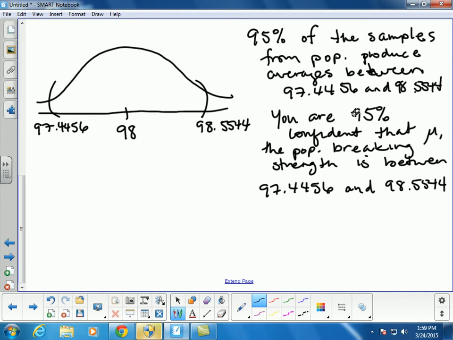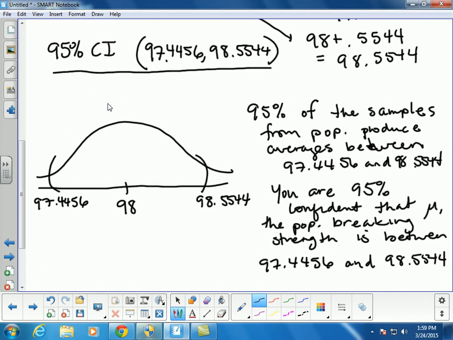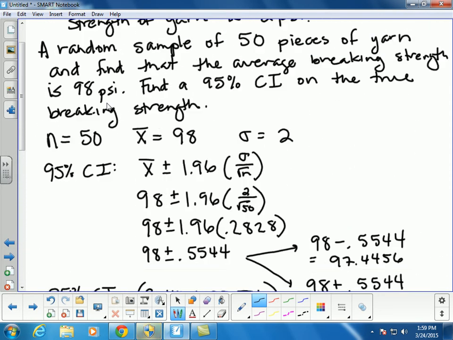Another way to say that is you have 5% error, and that means that you could have had a bunk sample, but based on this, your mean should fall in here, talking about the main population. And that's a lot of power to say based on one sample, right?